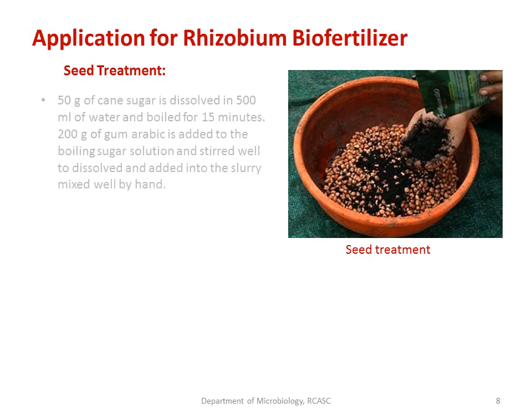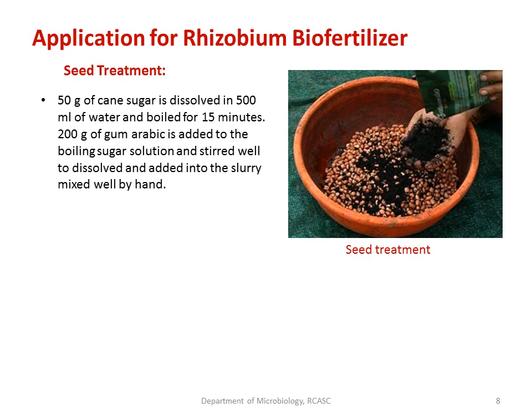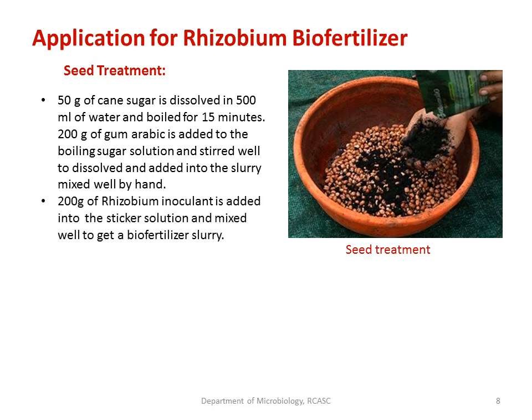How to do this? 50 grams of sugar is boiled in 500 ml of water for 15 minutes. 200 grams of gum arabic is added into the boiling sugar solution and stirred well so that the sugar and gum arabic dissolve entirely. 200 grams of rhizobium inoculant is added into this sticky solution and mixed well to get a biofertilizer slurry.